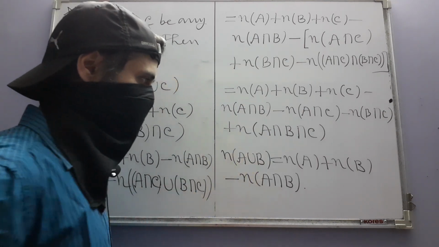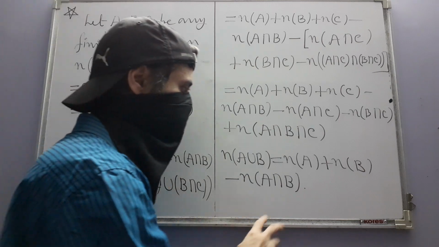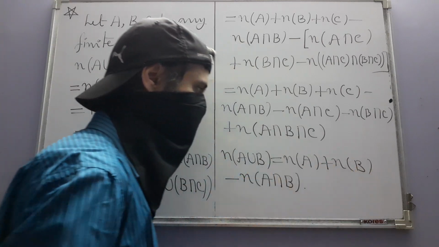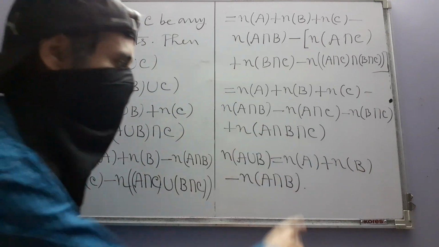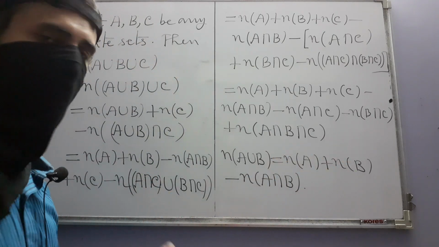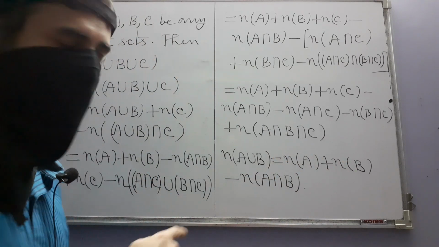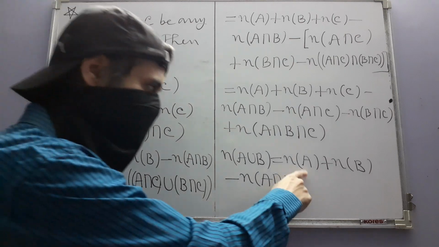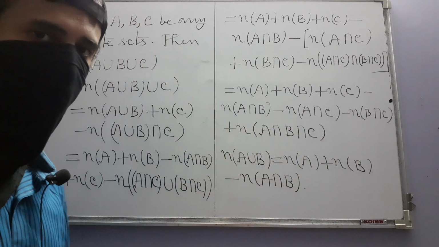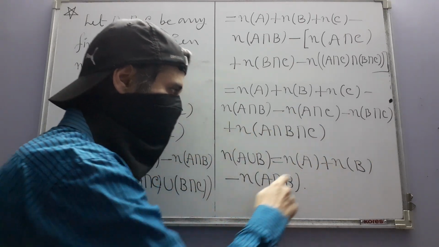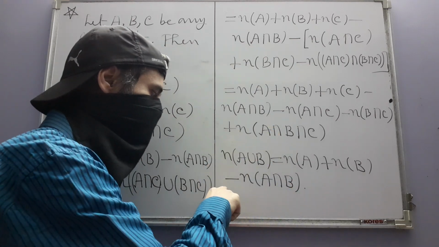In case of two sets, what do you first do? You write the number of elements in the sets and add them up. NA plus NB. Okay. So you have run out of sets. There were only two sets, A and B, and you have written terms for them. But because you have started with plus, the next term will be minus.